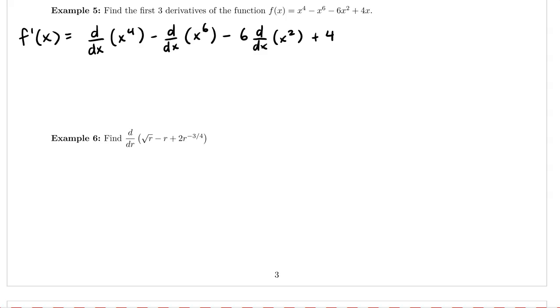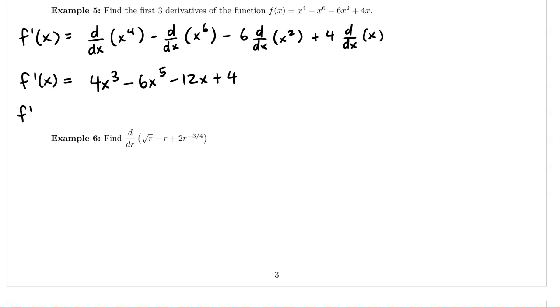And then 4 is also a constant, so I can pull that out. And now I can take each of these derivatives. So that gives me 4x cubed minus 6x to the 5th power minus 12x plus 4 times 1. The derivative of x is 1, so I'm just going to rewrite this as just 4. So here we have f prime of x.